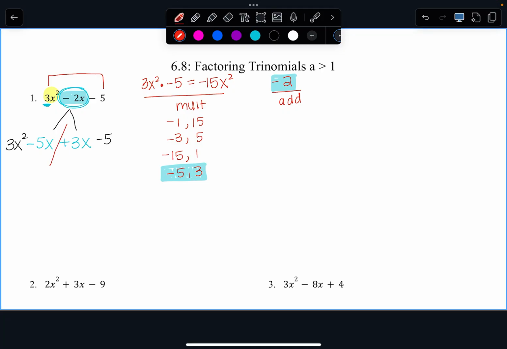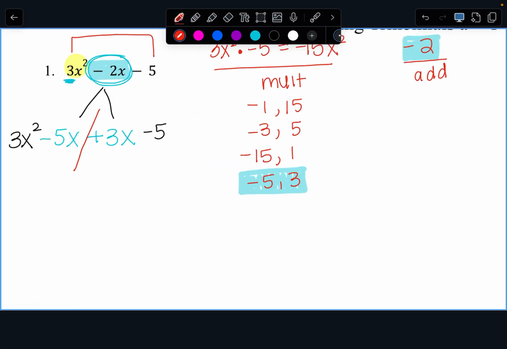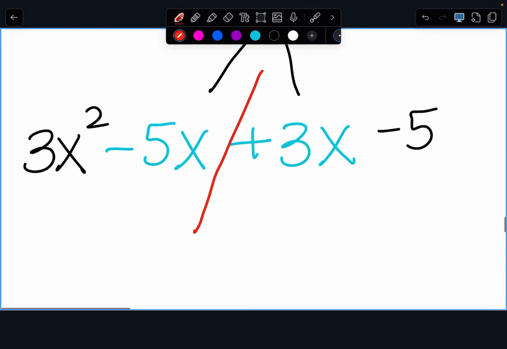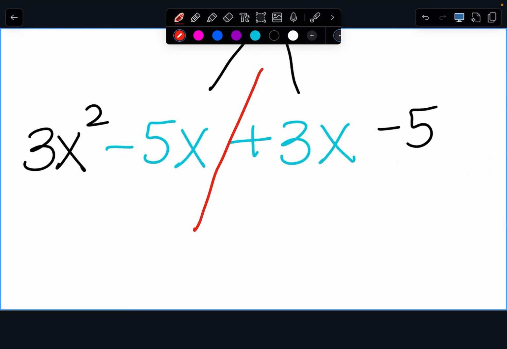Split it in half. Let's focus on just half of it at a time. Looking at the first half, 3x squared minus 5x. What do those two have in common? Yeah, they have an x in common. If I divide them by x, what do I get?